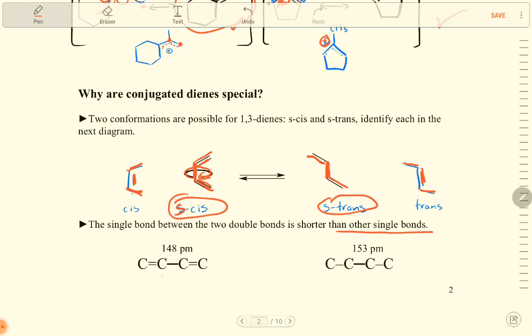So you can see this single bond is 148 picometers while the other single bond is 153 picometers. The single bond between the carbons is larger, and this one is shorter because the double bond is making a shorter distance between them.